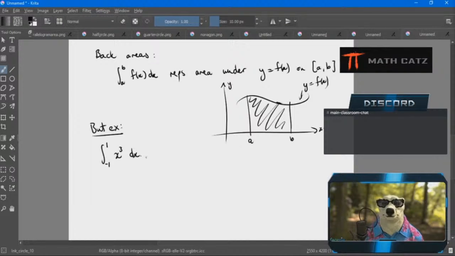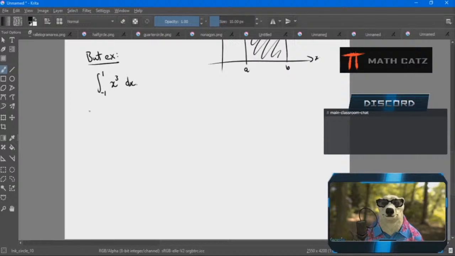Now I can graph this, but let's pretend this is coming from something more complicated and I don't even know what the graph looks like. I don't want to spend any time to graph it. What does this give me in terms of an area? It's just an area calculation, right? So let's just do it. I'm just picking a simple one that I can graph after this.